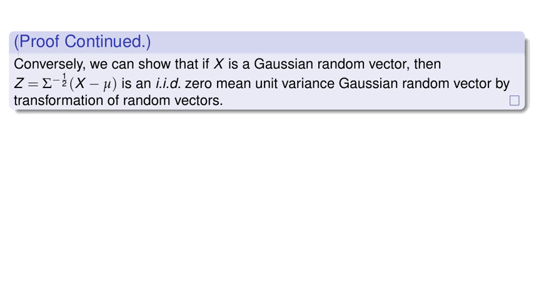Conversely, if x is a Gaussian random vector with the standard density, we can perform the transformation z equals sigma to the minus 1/2 times x minus mu and show, using the transformation of densities again, that z has the standard normal density, confirming it's an IID standard Gaussian vector.